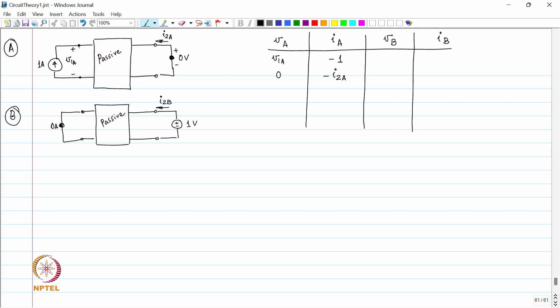So far so good. Now, let us say there are n different components inside the circuit and let us say the currents through them are I A 1, I A 2 dot dot dot I A n, in which case the voltages across them are going to be Z 1 I A 1, Z 2 I A 2 dot dot dot Z n I A n, because they all follow Ohm's law.